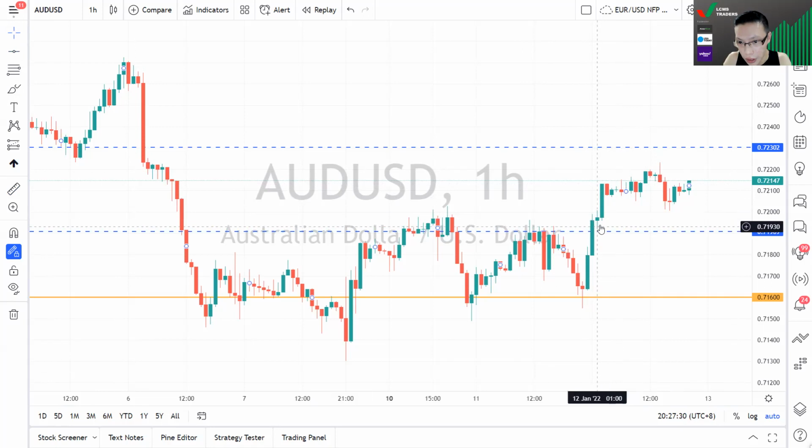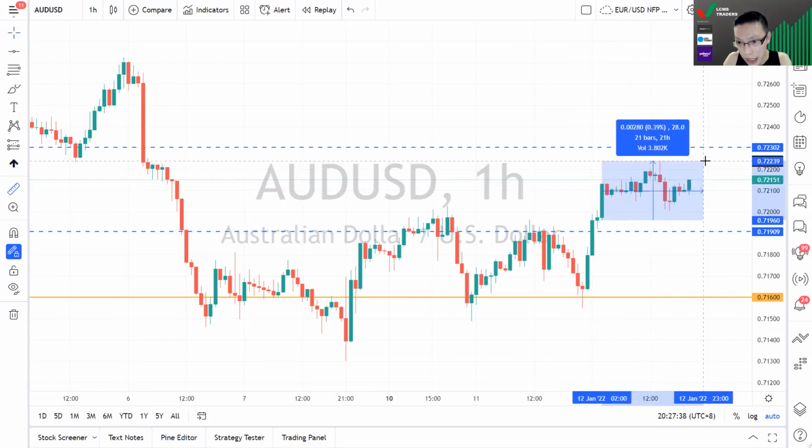Hence, you can see a buy stop order above the top edge of the rectangle, and a sell stop order below the bottom edge of the rectangle.